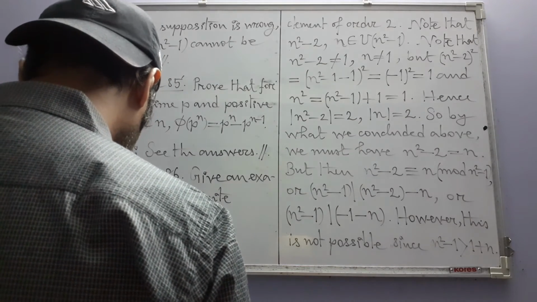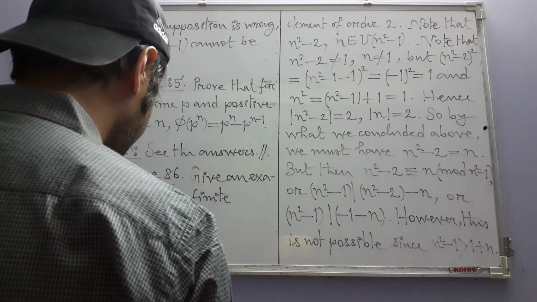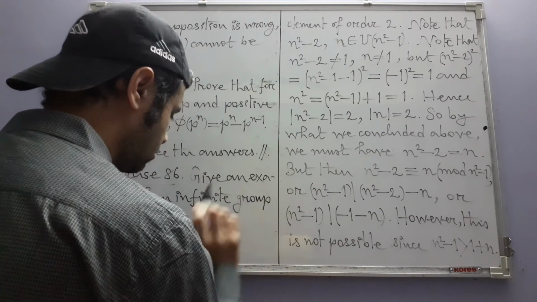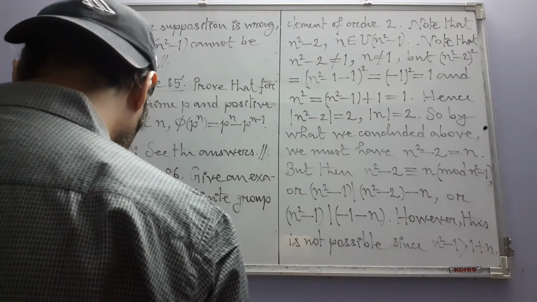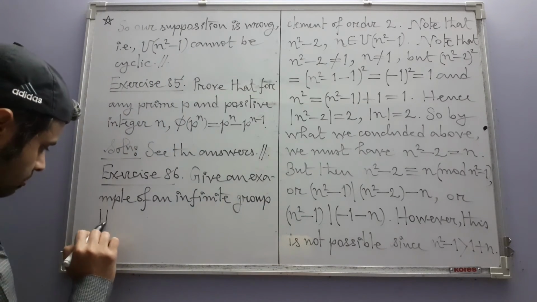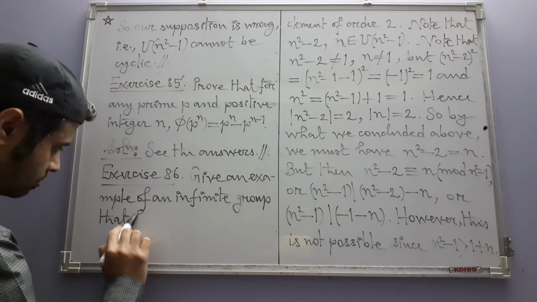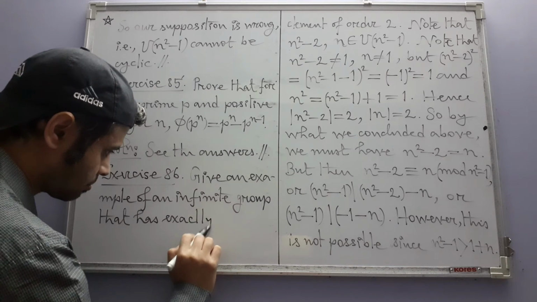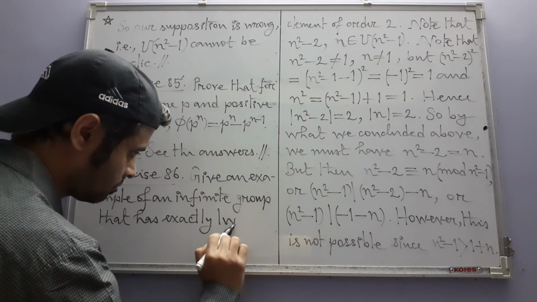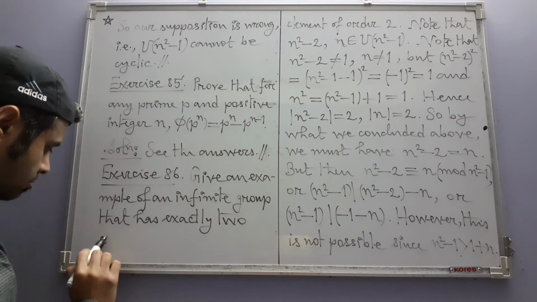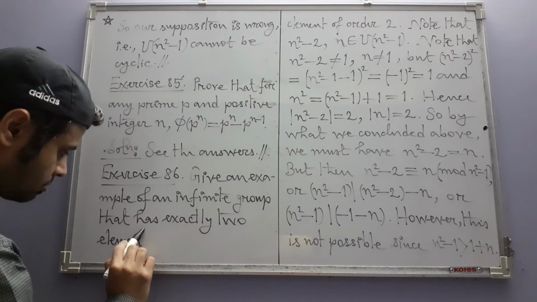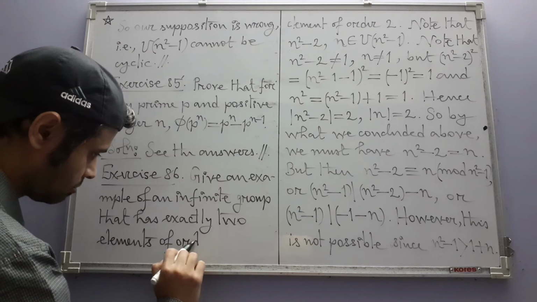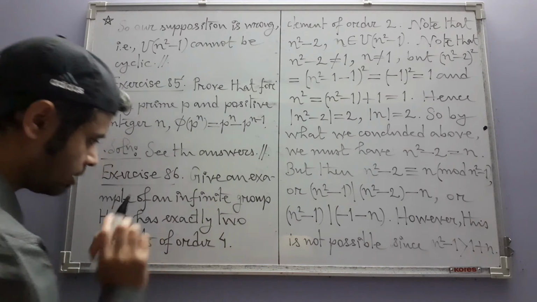So now, give an example of an infinite group that has exactly two elements of order 4.